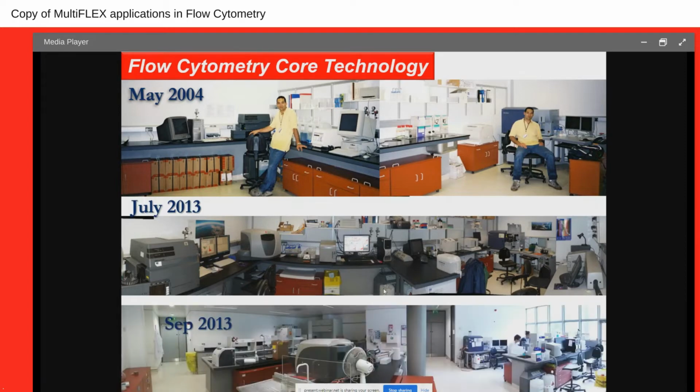And then we moved to a larger lab where you can see we have more space. That was in 2013. But the technology is moving and advancing, and several of the units that we have in that image have disappeared because they became obsolete or because they were of no use anymore, and we had to replace them with new instrumentation.